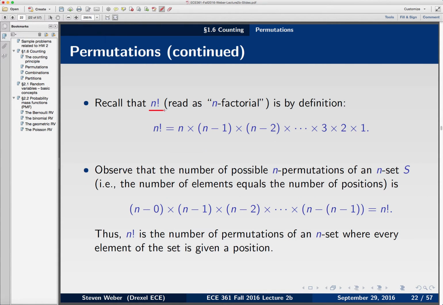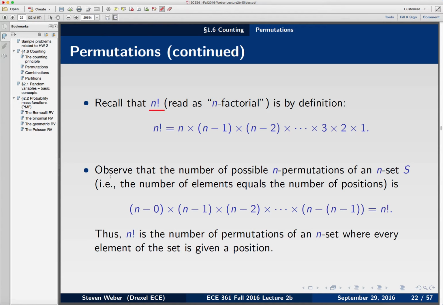You may recall that the notation n factorial is by definition the product of n times n minus 1 times n minus 2 all the way down to 1. That is, n factorial is the product of all positive integers less than or equal to n.